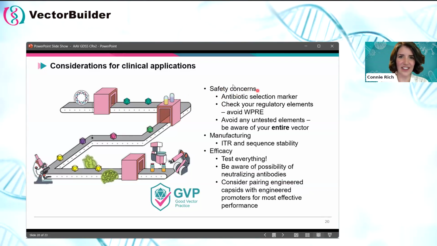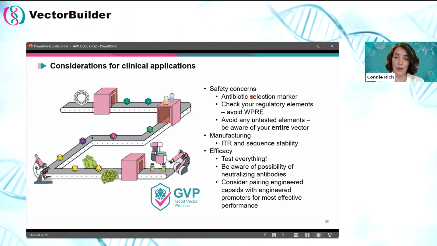So when we're looking at clinical applications, one of the biggest things to consider is potential safety concerns. And first and foremost, I mentioned that antibiotic resistance marker that we need in all of our plasmids. Ampicillin is the most common, but this has to be changed first and foremost if you are planning on getting to the clinic eventually. The sooner the better for changing this is great.